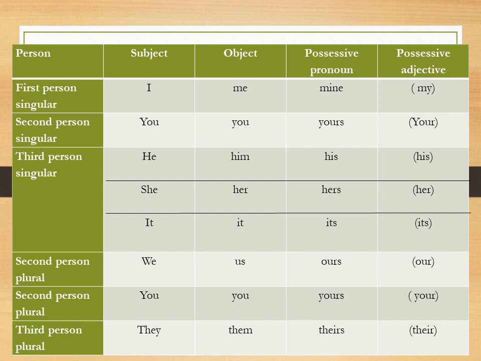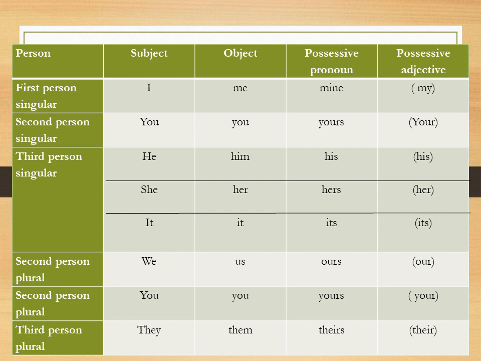Then the final one is the third person plural. We have the subject they, object them, possessive pronoun theirs, and possessive adjective their.